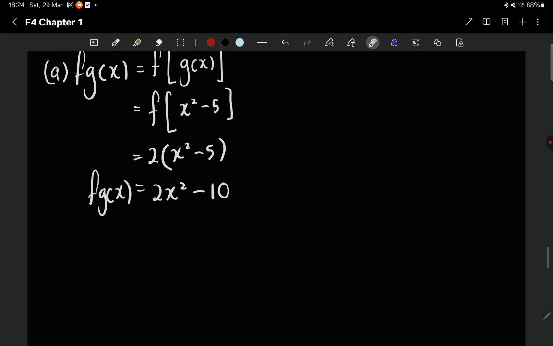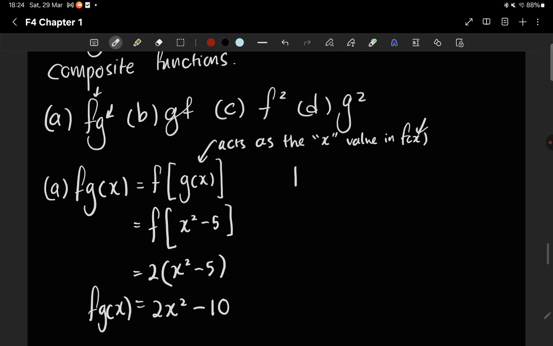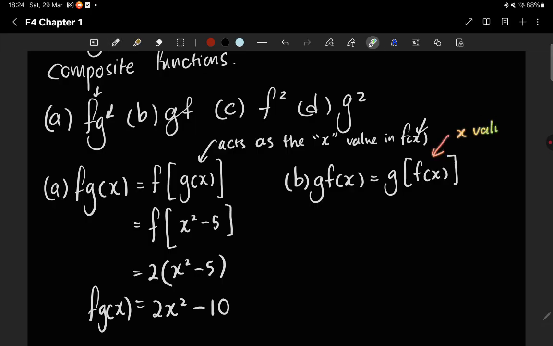Okay, so why don't we jump into the second example, which is gf. And this is simply the same concept. You just rewrite it, and the f of x will play as the x value for g of x.